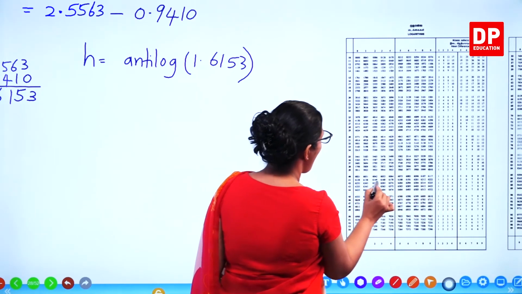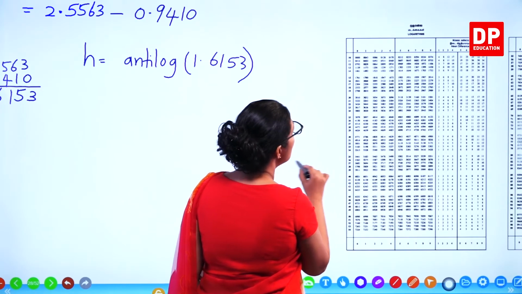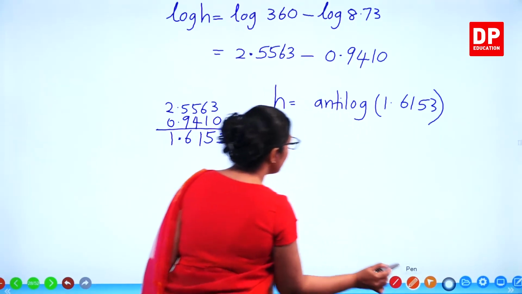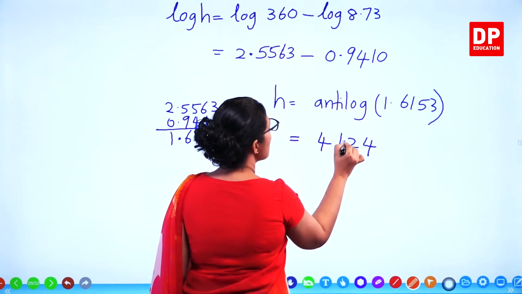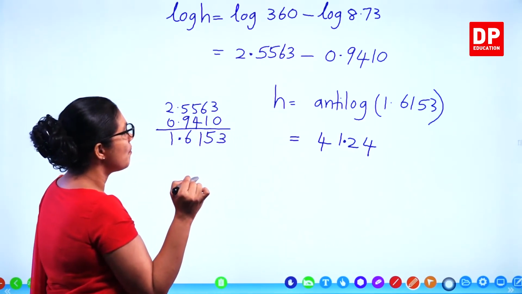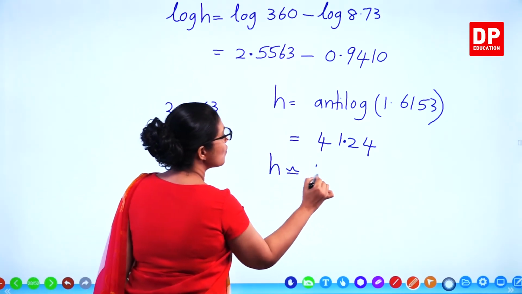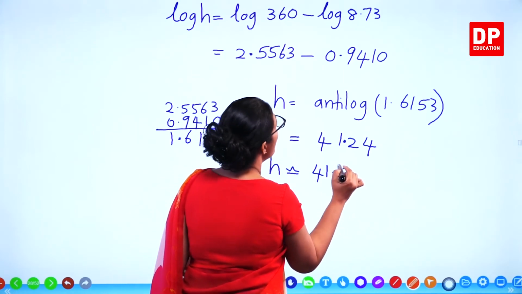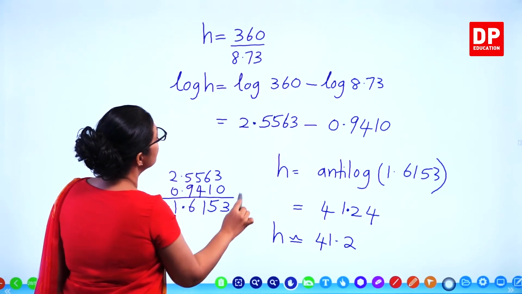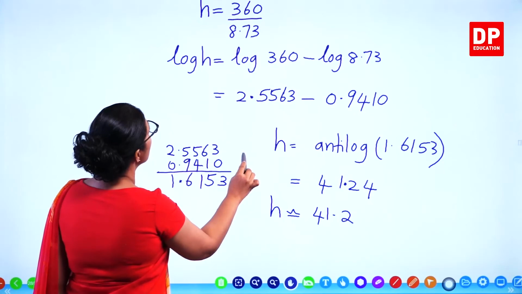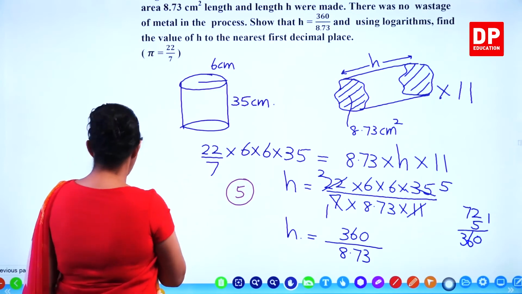That's 4. 41, 2, 4. This is 1 point something, so 41.24. But you need to round it to the first decimal place, so 41.2 centimeters is the height.